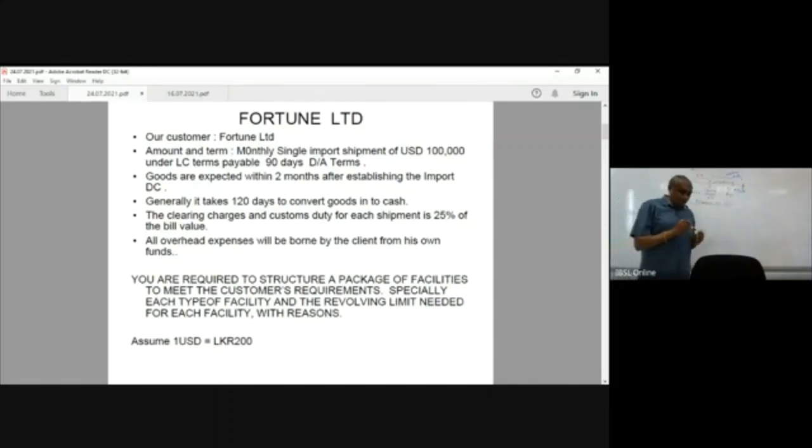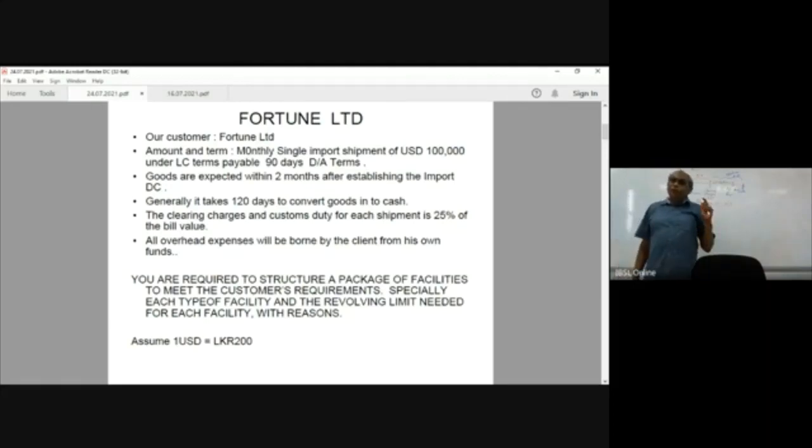Monthly single import shipment of US dollars 100,000 under LC terms should be open. Therefore, we have to give facilities to accommodate the requirement.